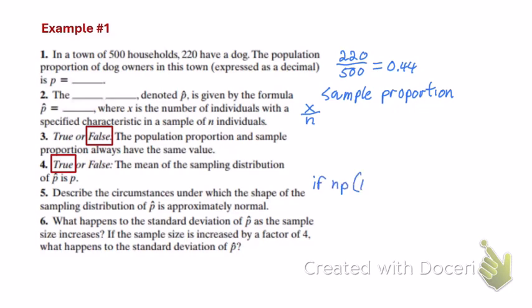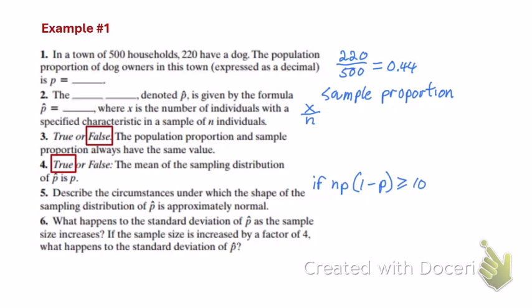That formula. If that's true, we're going to assume that our sample's large enough for our sampling distribution to be normal. And we want that because we can use z-scores and we can use that table and we can do all sorts of the math that we've grown to love so much.